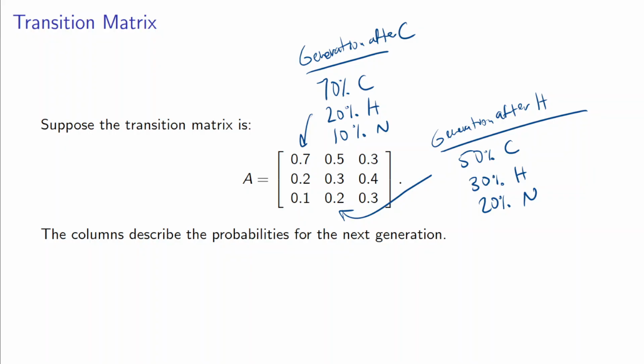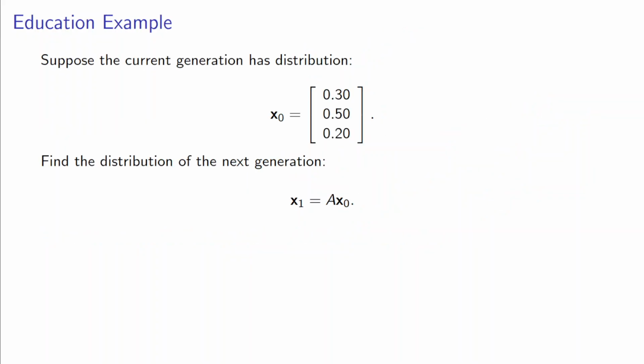It would be an interesting example to actually look up some data on and try to construct. I'm sure there is some relationship between these, generation to generation, but just for the sake of this example, these are all made up. And we could go through that third column as well, so the columns again describe the probabilities for the next generation.